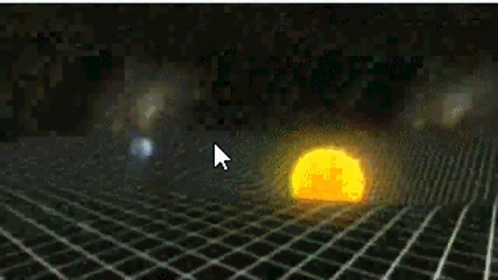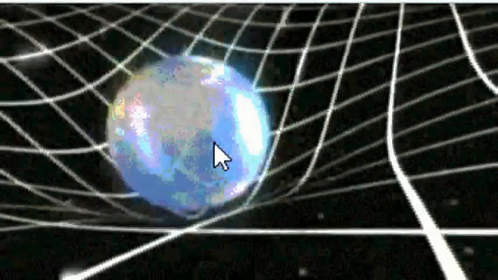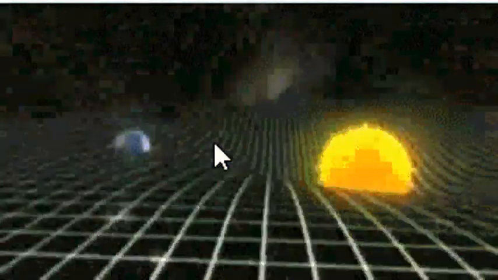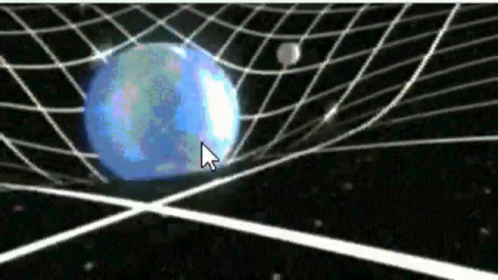Another thing that Einstein mentioned was that gravity could be thought of as a curvature of space and time, and this curvature will affect the planets to rotate around it, and this is basically a perception of it, like a video that demonstrates this.